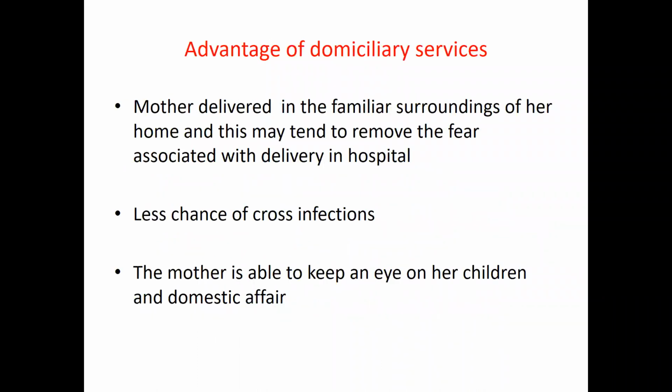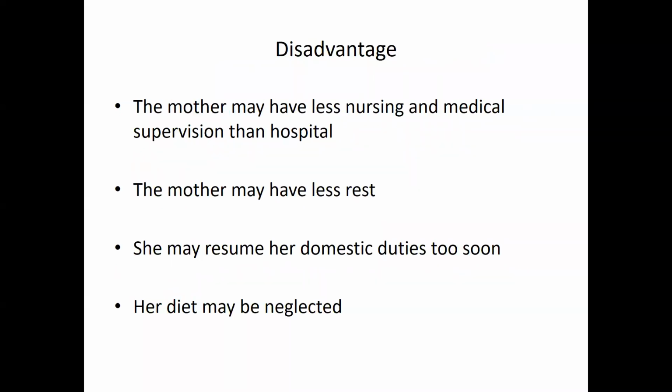Advantages of these domiciliary services: the mother is delivered in familiar surroundings, there is less chance of cross-infection, and the mother is able to keep an eye on her children and other domestic affairs. Disadvantages: mothers may have less nursing and medical care, and may have less rest. She may resume her domestic duties too soon.